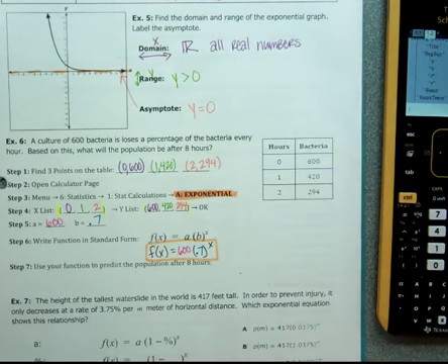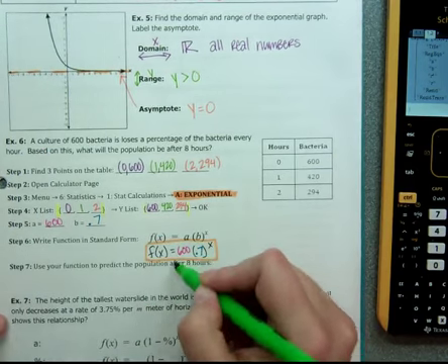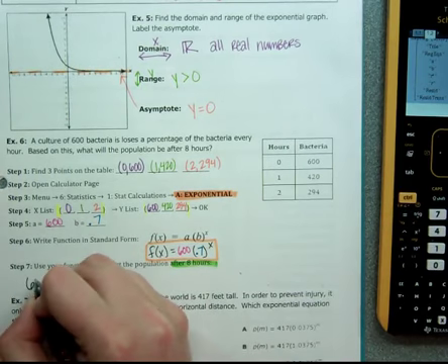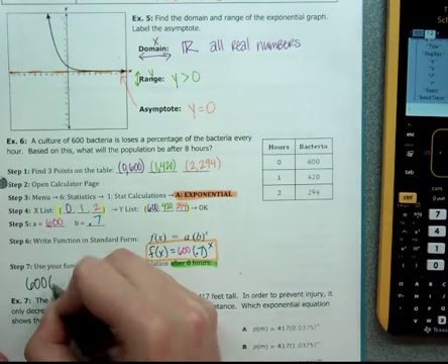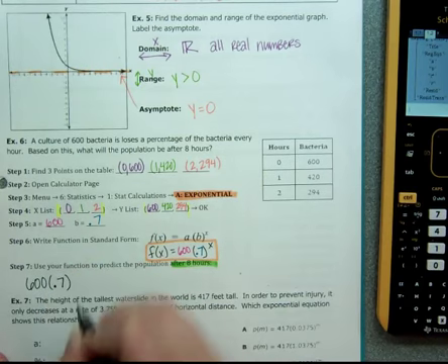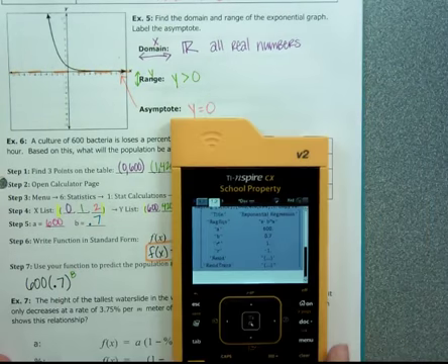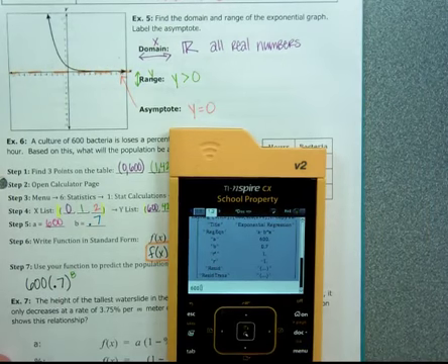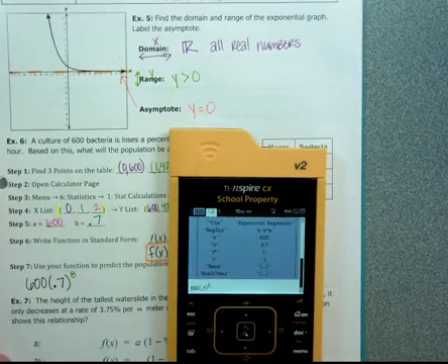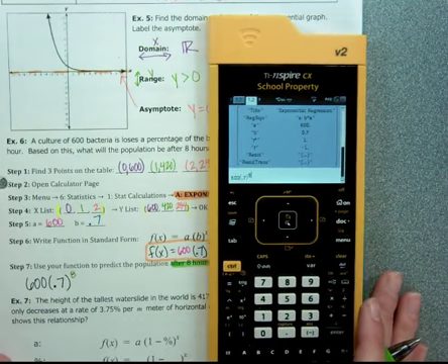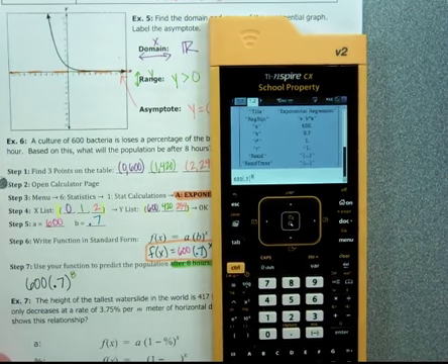Now, use your function to predict the population after 8 hours. So now we're going to use 8 as our exponent. 600 times 0.7 to the 8th power. So get this typed in your calculator. 600 times 0.7 to the 8th power.